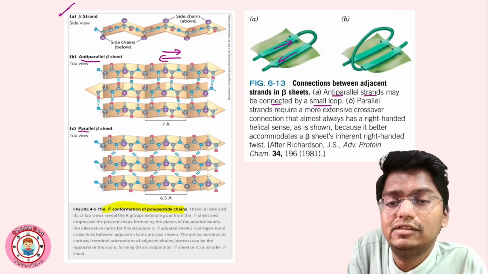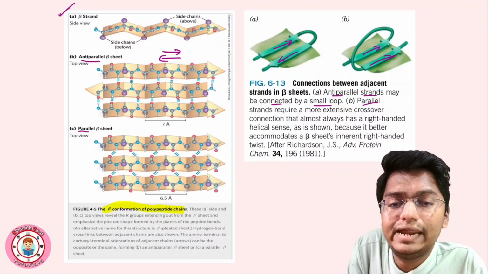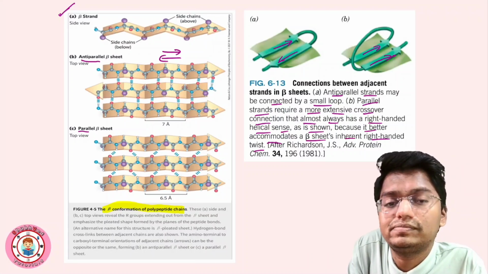And this is parallel. Parallel strands require a more extensive crossover connection that almost always have a right-handed helical sense, as is shown, because it better accommodates a beta sheet's inherent right-handed twist.